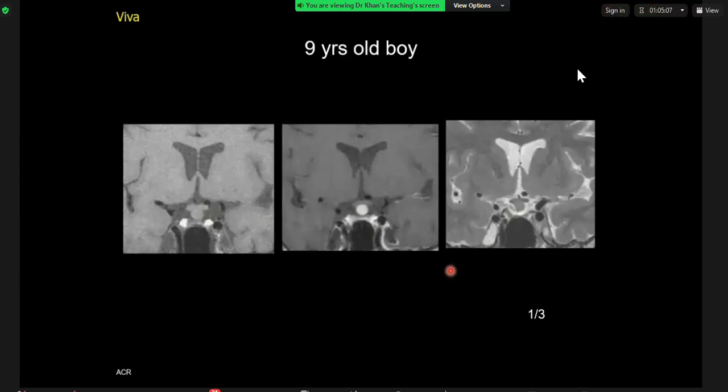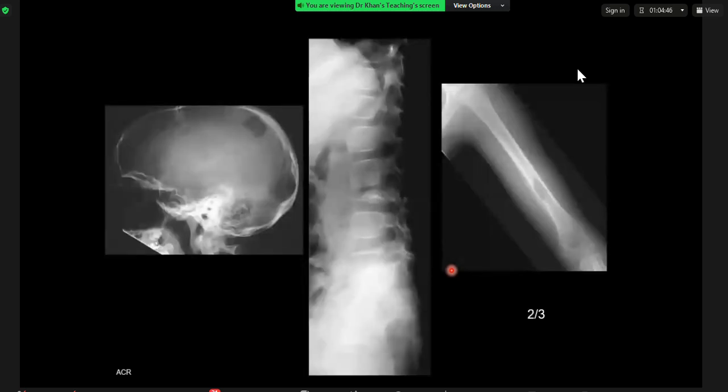In a 9-year-old boy with an enhancing infundibulum, the first thing I'd think of would be hypophysitis, secondary to LCH. Okay. Now, hypophysitis secondary to LCH.